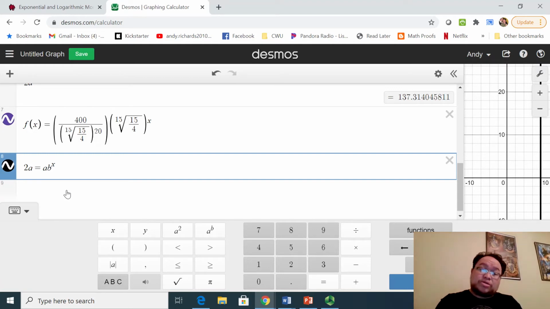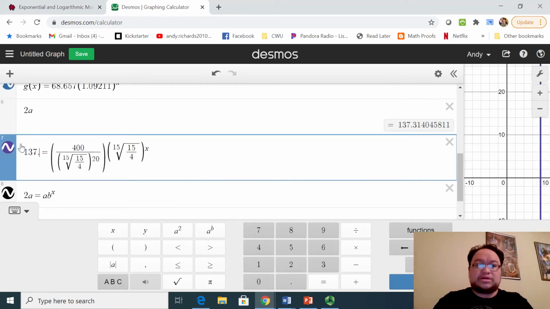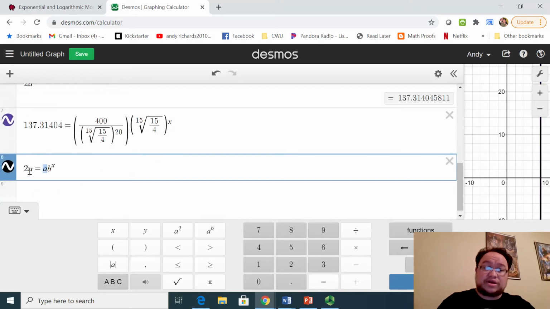Well, we can walk through this situation a little bit, right? What we're going to have here is this 137.31404 thing, what's written up here. But as soon as I divide this over, remember, this is twice as much as this amount. So in the same way that I divide this a over here, it'll cancel out these a's.